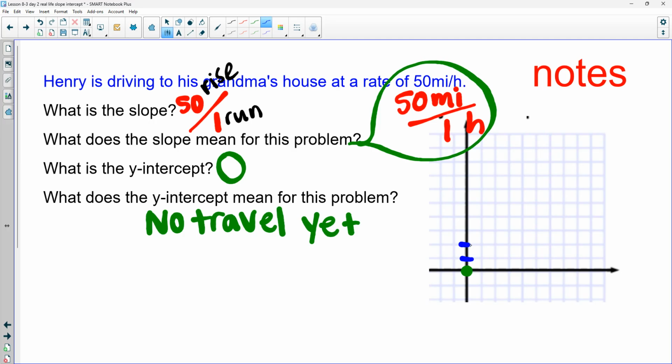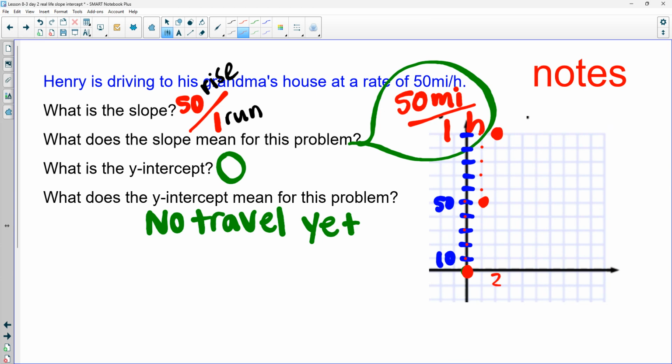Maybe I'll number by tens. So this is 50. So from nothing, rise 50, run 1, 1 hour. Rise 50, run 1.